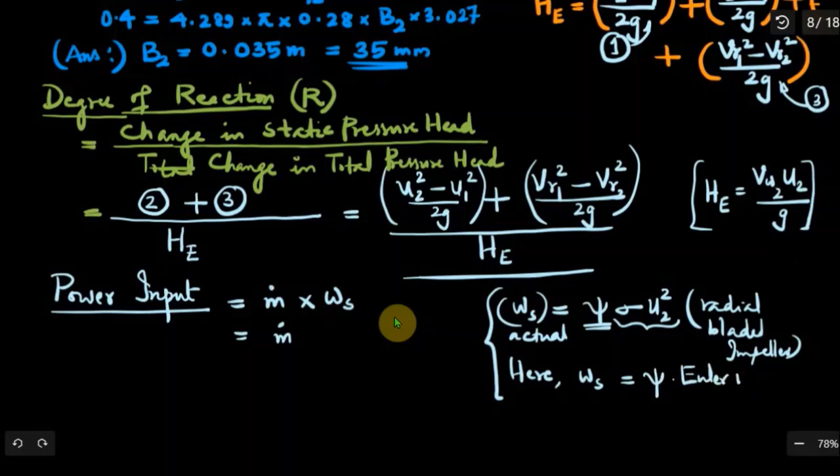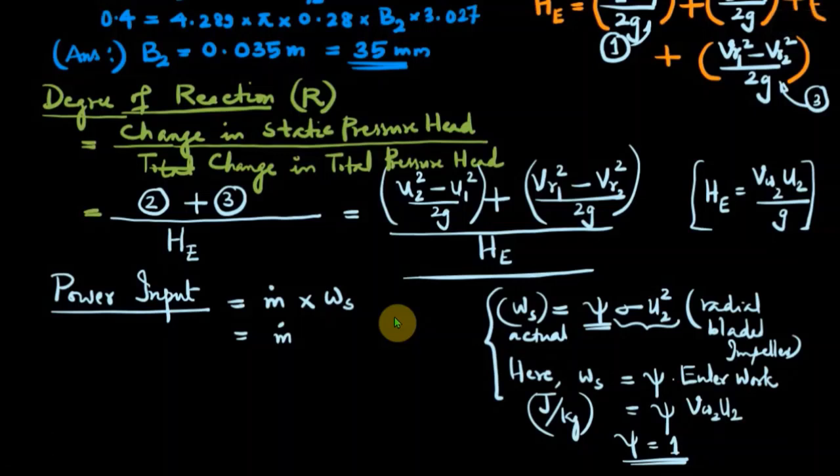So Euler work, in terms of joule per kg, is nothing but psi into VW2 U2. And what is the unit? The specific work is in joule per kilogram. Remember that. So psi into, and here you assume that psi is equal to 1. That is the work input factor. Slip factor we do not use here, and exclusively that is used for radial bladed impeller.